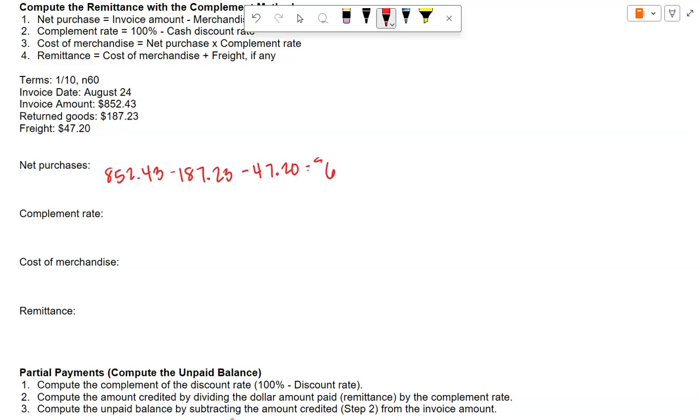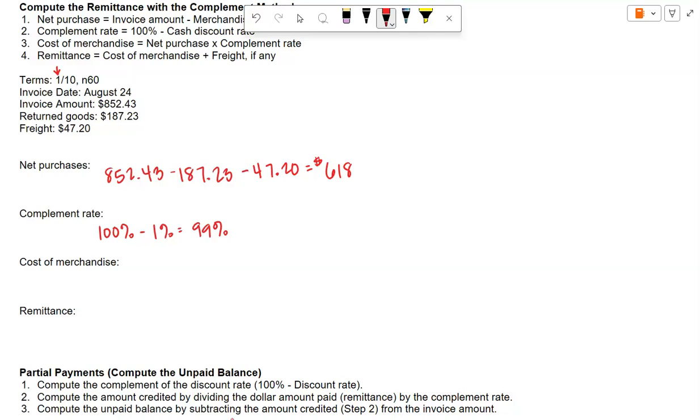So think about net purchases simply as the price of the goods that are being bought. Okay, and this was $618. My complement rate is simply the complement of this 1% of my terms. And that's 100% minus 1%. And this gives me a complement rate of 99%.